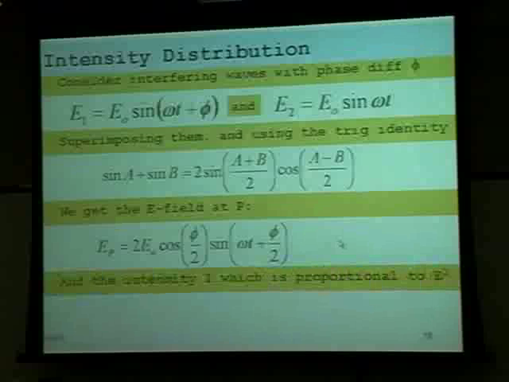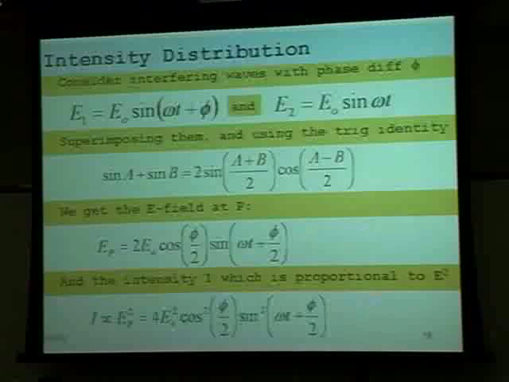And since the intensity is proportional to the amplitude of the electric field squared, the intensity is proportional to 4 E naught squared cosine squared phi over 2, which is a constant, times sine squared omega t plus phi over 2, which is varying with time. Well, if you take the average mean value of sine squared over time, you get 1/2 because it's bounded between 0 and 1.